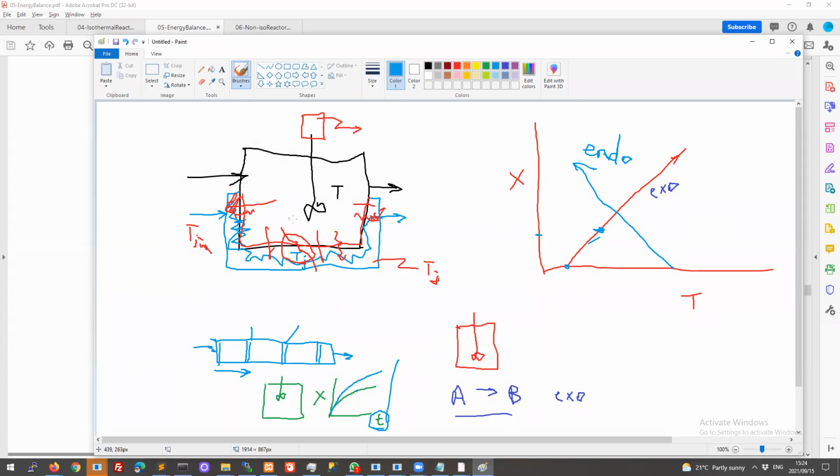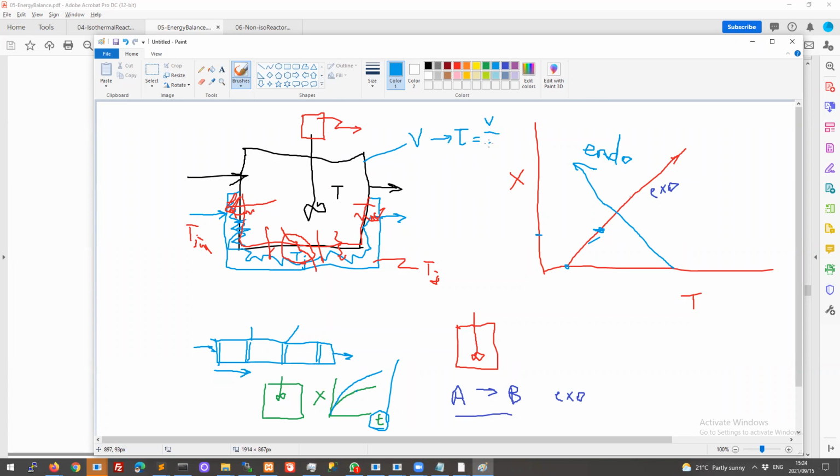When we create this reactor, we choose a particular volume. We say this is a 50 cubic meter reactor or 60 cubic meter reactor. So as we choose different sizes, that will change the space-time in the reactor, right? Remember the space-time, it's the volume divided by the volumetric flow rate.